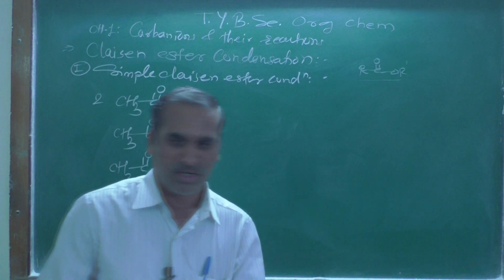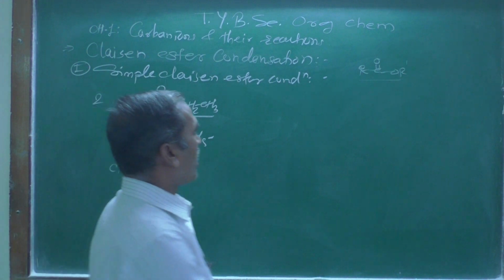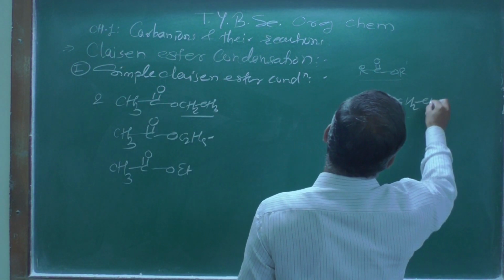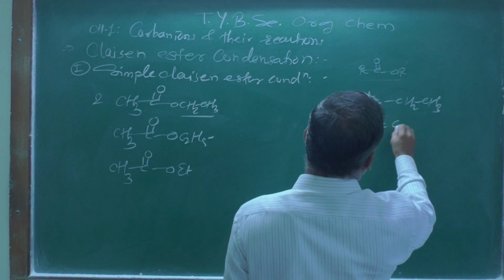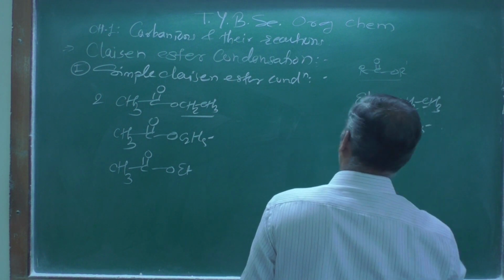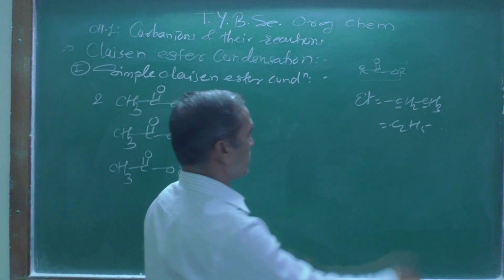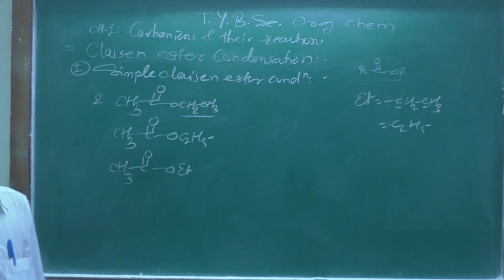Remember, there are 3 different ways to represent the ethyl group. Et means this one, CH2, CH3 group, or we can write it as C2H5, meaning 2 carbon atoms and 5 hydrogen atoms. This is known as ethyl, and the name of this compound is ethyl acetate, right?